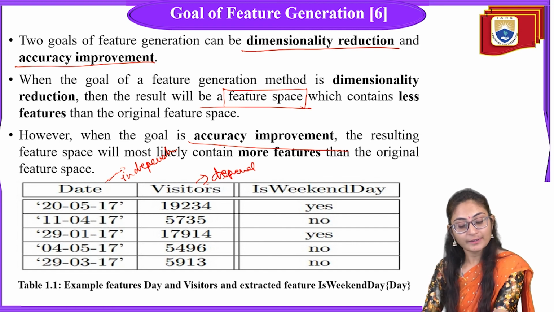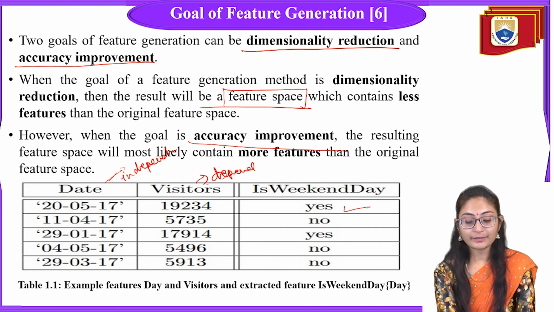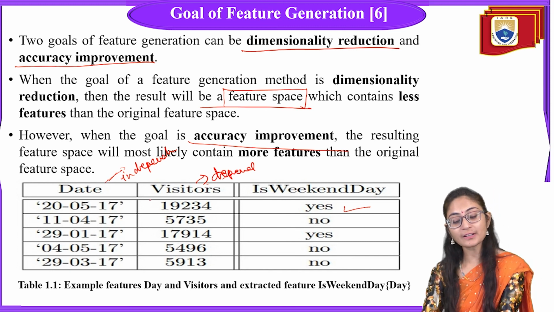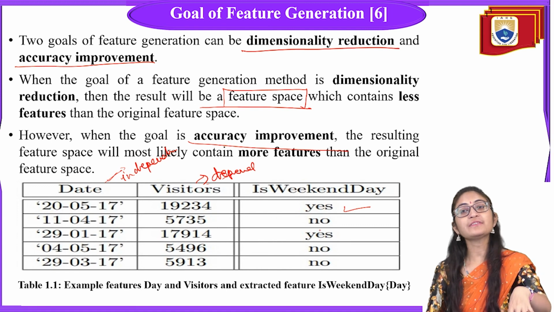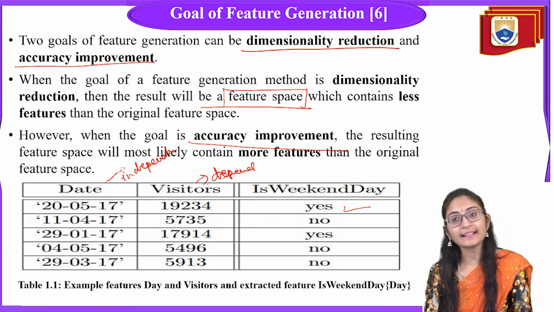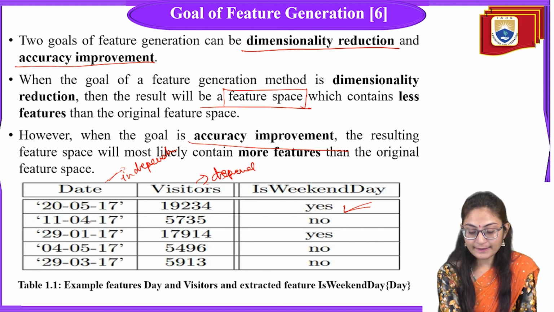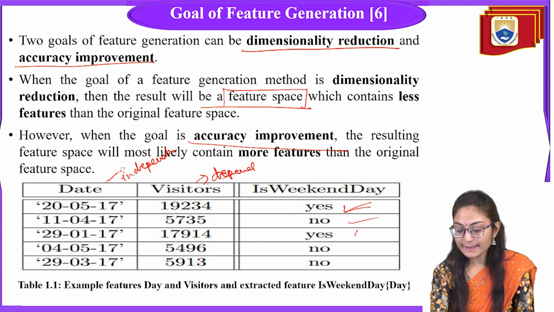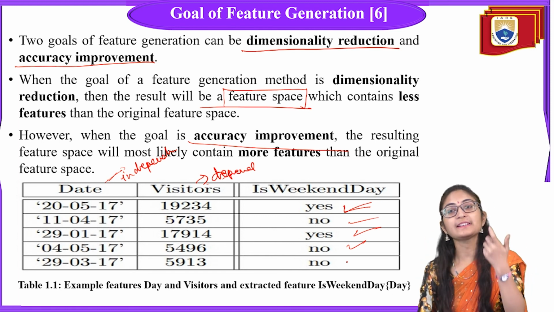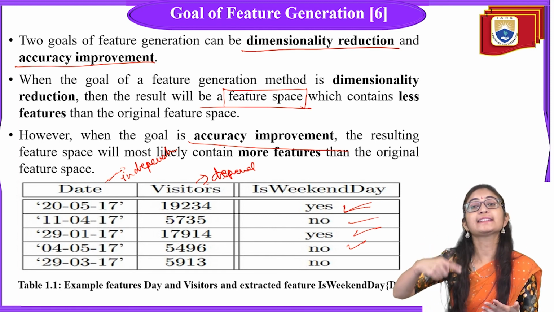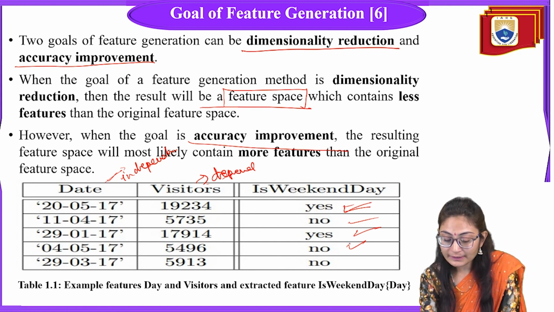That means first, there are so many visitors. Why are there so many visitors? Because it's a weekend day. That's why I kept yes here. Then the second one, no. Yes, no. Where we kept yes, that day is a weekend day. Why did we reach this conclusion?